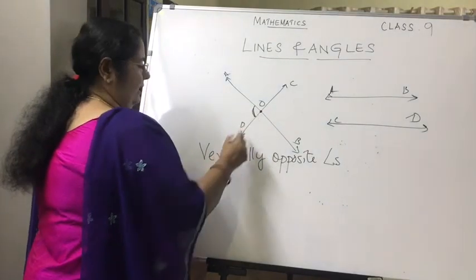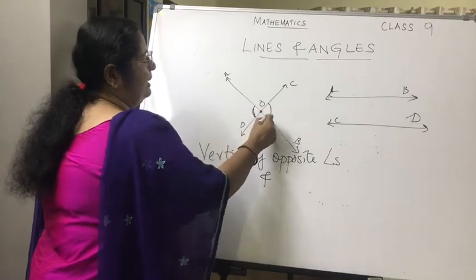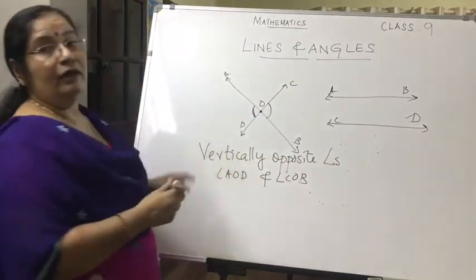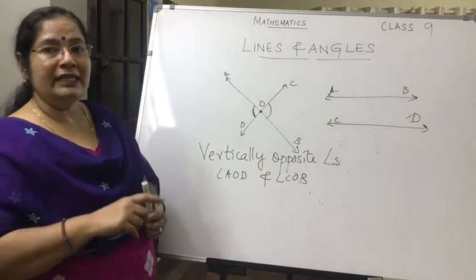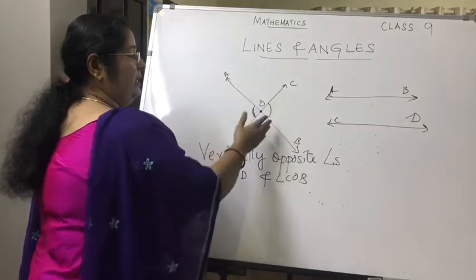Now angle AOD and angle COB form a pair of vertically opposite angles. They are opposite, vertically opposite.